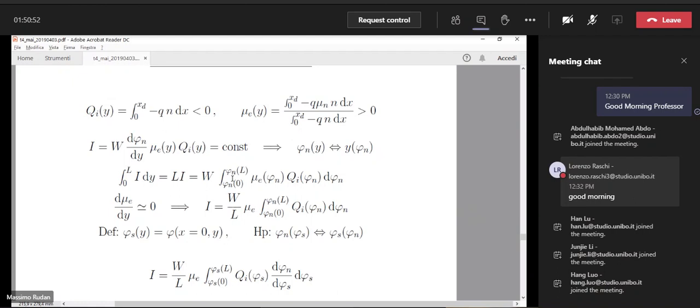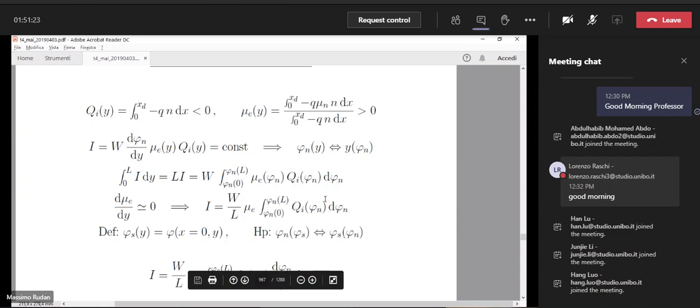On the other hand, also the quasi-Fermi potential depends on y. So we have two functions that depend on the same variable. So we can eliminate y and we can think of expressing phi n as a function of phi s, or vice versa, phi s as a function of phi n.